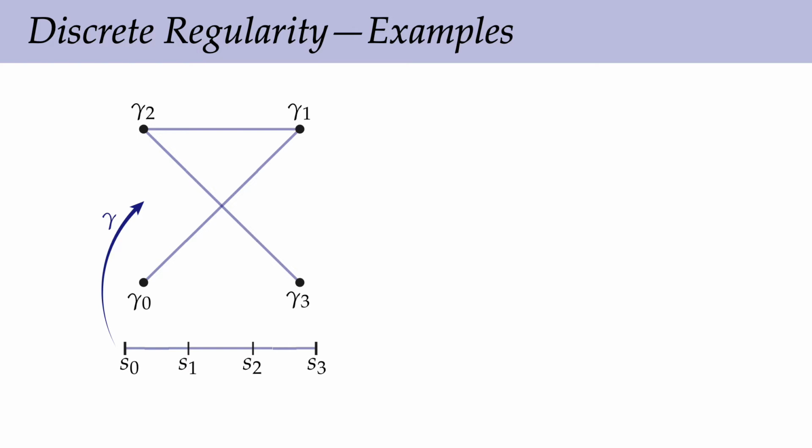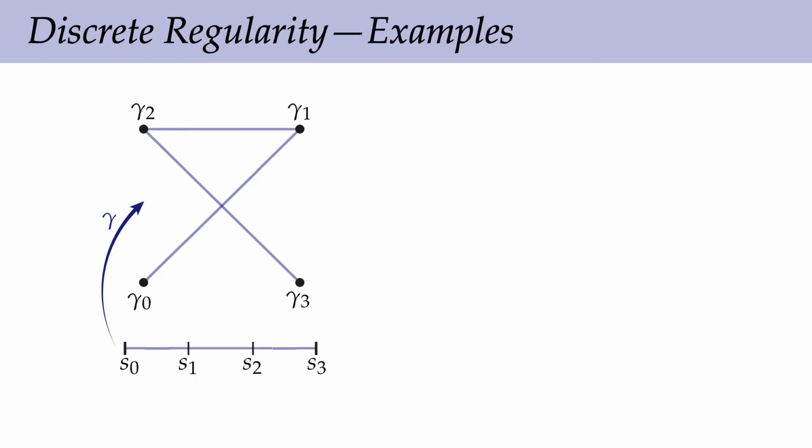Okay, so let's look at this in a little bit more detail. What do we mean exactly about this local injectivity? So remember that a discrete curve can still be viewed as the image of some interval on the real line. I take this interval between, let's say, S0 and S3, and I map it into the plane like this. Just to be clear, we go from gamma 0 to gamma 1 to gamma 2 to gamma 3. And this curve is not globally injective.